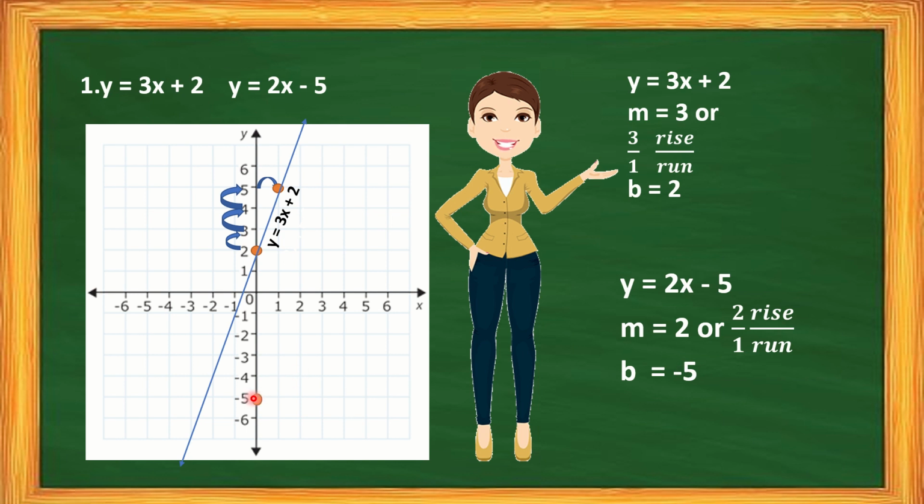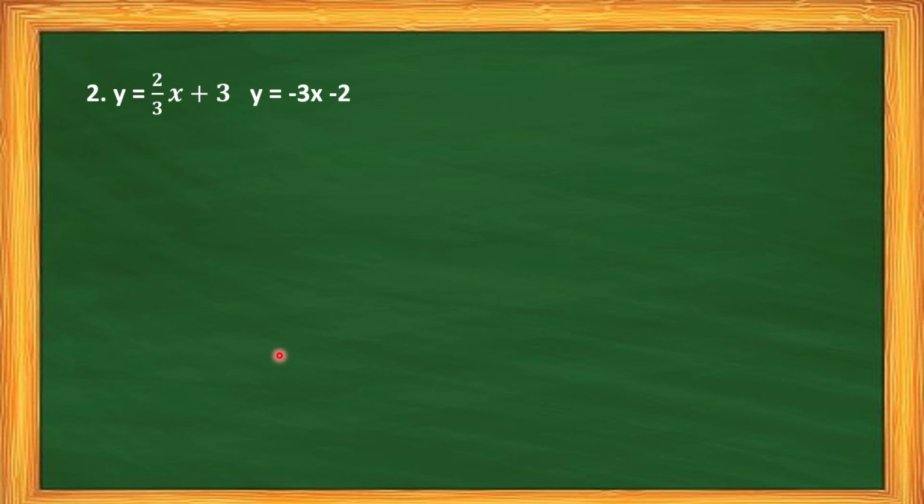Then, since the slope is 2 over 1, move 2 units upward, 1, 2, from the y-intercept. Then 1 unit to the right. So the other point is here. Then connect the 2 points. This is now the graph of y equals 2x minus 5.